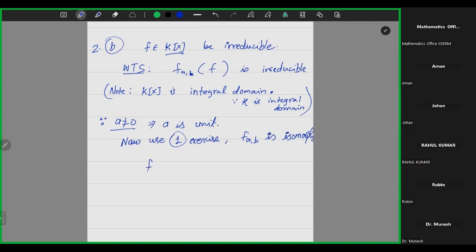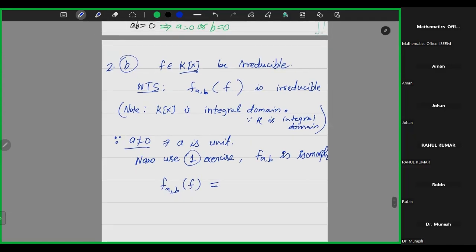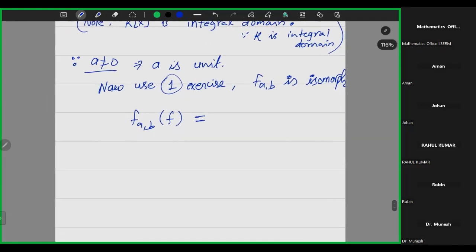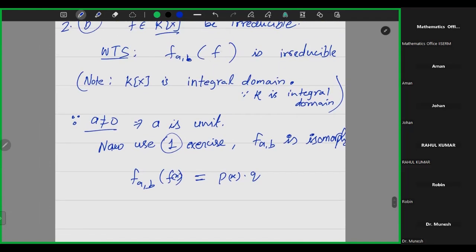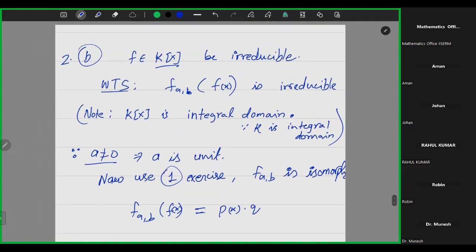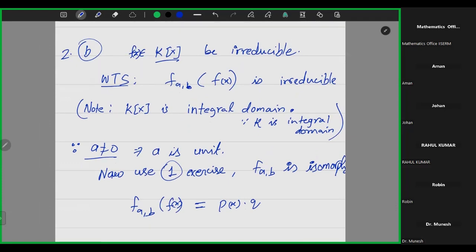Now, if f_ab(f) is reducible, it can be written as, let's say, p(x) times q(x). Wherever I am writing polynomials, let's say f, it is assumed that the independent variable x is hidden there.